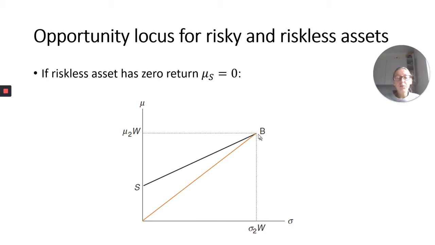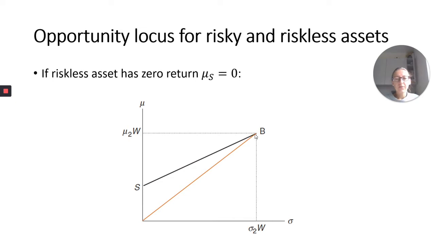Then the possible combinations of the optimal portfolio would be on that red line, saying that if we invest everything in money, if we hold all our savings in money, there is no risk about the possible outcome. 100 euros will be 100 euros after 10 years, 20 years, or 100 years. But with no return, as it's not going to increase.